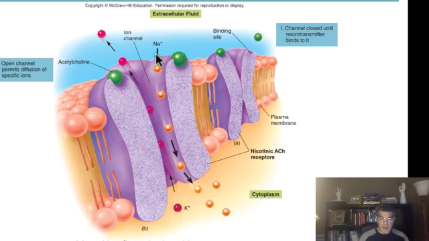I hope you are thinking that always more sodium is going to come in than potassium is going to leave. Why? Because sodium is going to come in because inside the cell is negative, and also it's going to come from higher concentration to lower concentration. Potassium, however, is going to leave only because of concentration, but potassium doesn't want to leave because of the charge inside the cell.